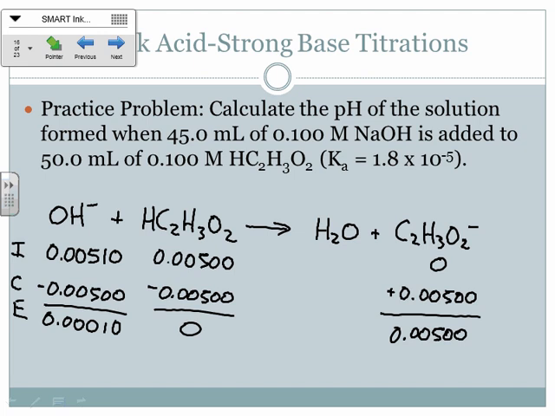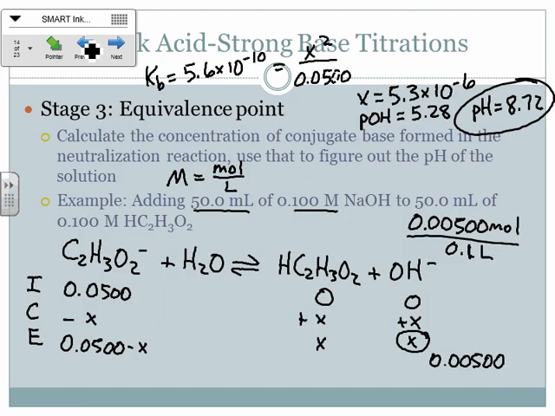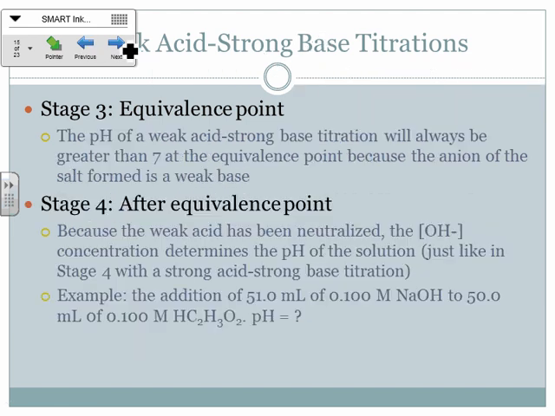Okay, but again, what I was saying before is we don't care about this. Yes, there is a little bit of that in solution, and yes, it is going to be doing equilibrium and making a little bit of OH minus, okay? But that's really nothing compared to the OH minus that we just dumped in, because if you look back to our concentration here, this was 5.3 times 10 to the negative 6th, okay?